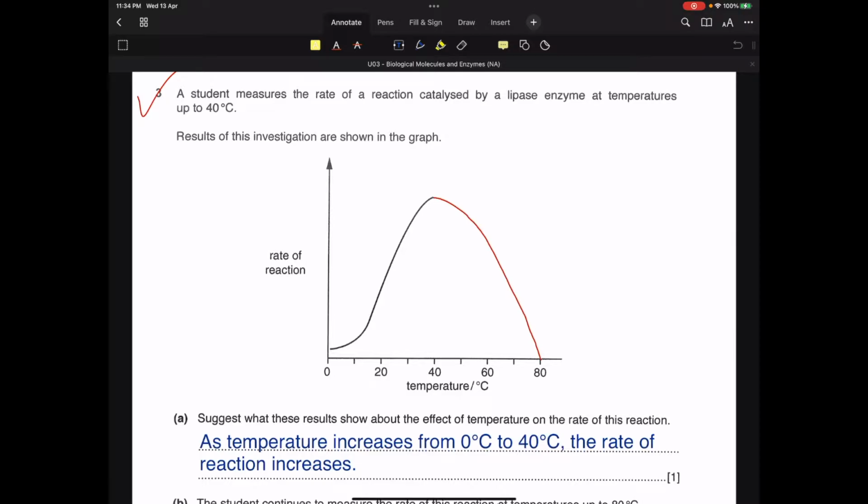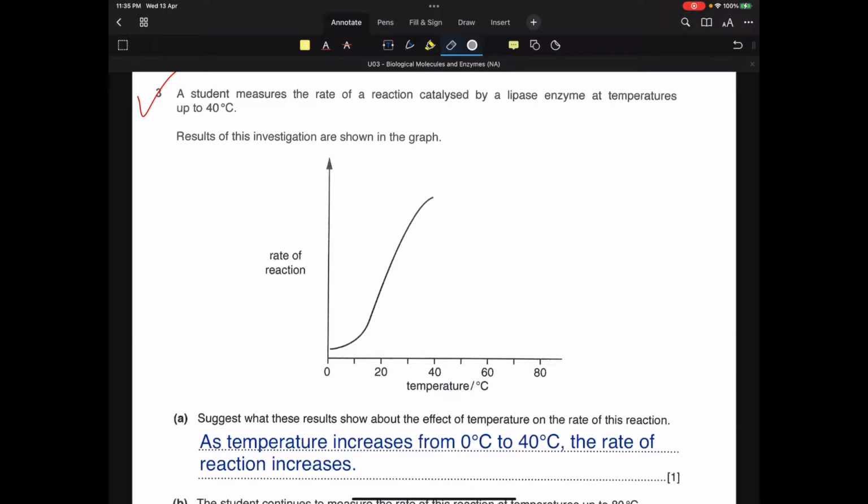For question 3, you have a graph that is supposedly going to be half drawn, that is, only the first half of the graph is drawn. You're going to see the questions that ask you to suggest what these results show about the effects of temperature on the rate of this reaction.